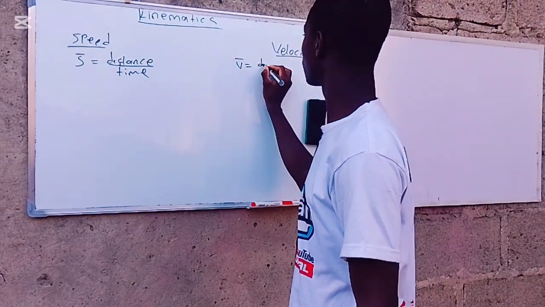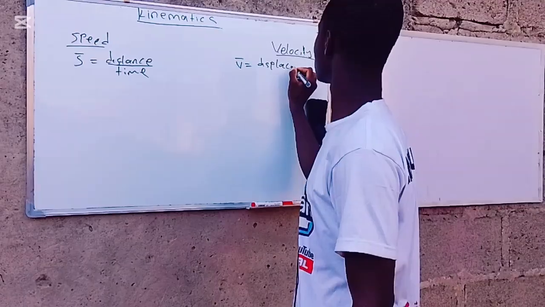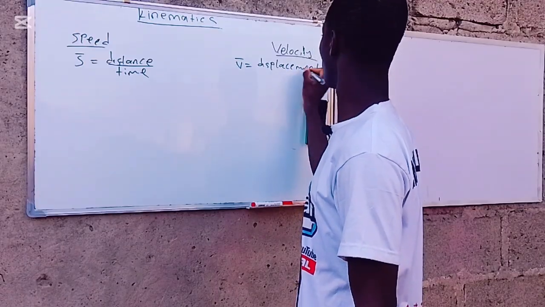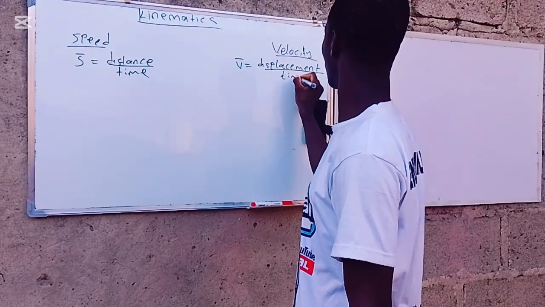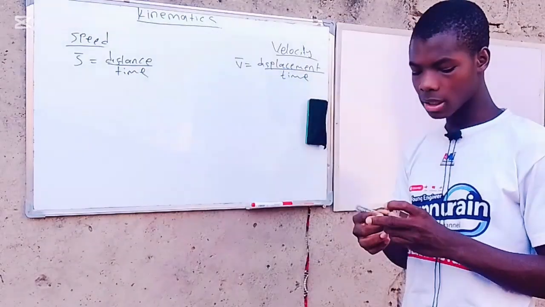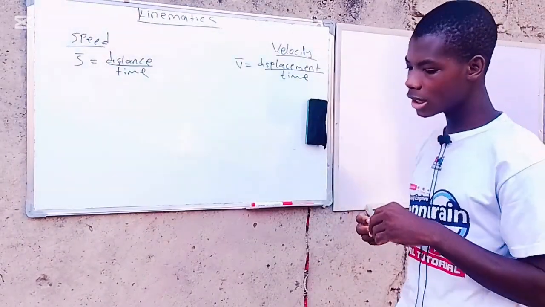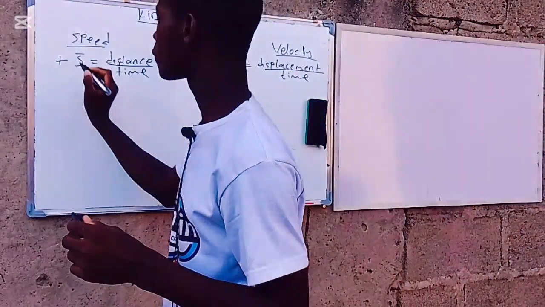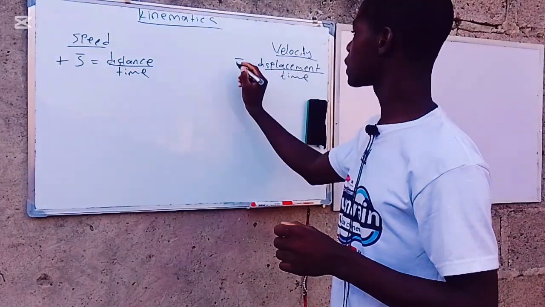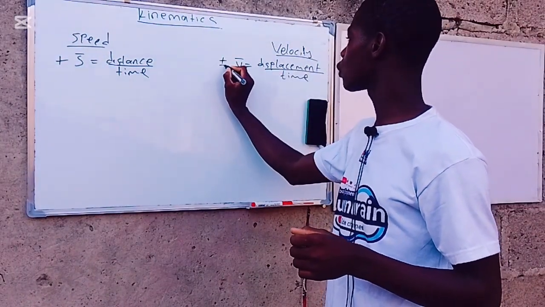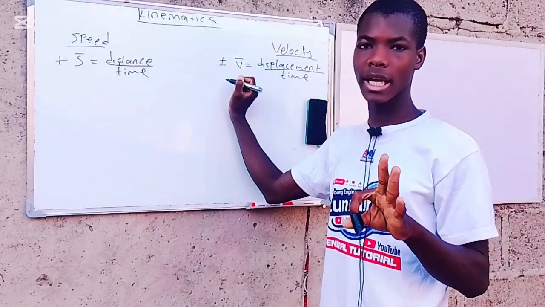Average velocity is displacement over time. Speed is always positive, but velocity can be positive and it can also be negative.